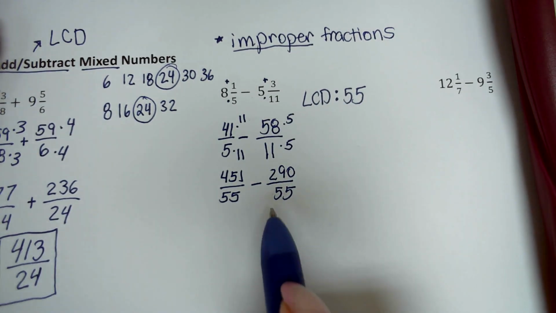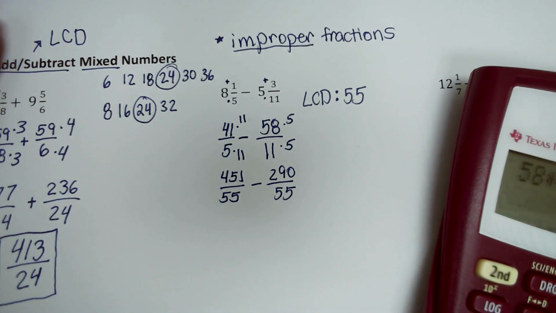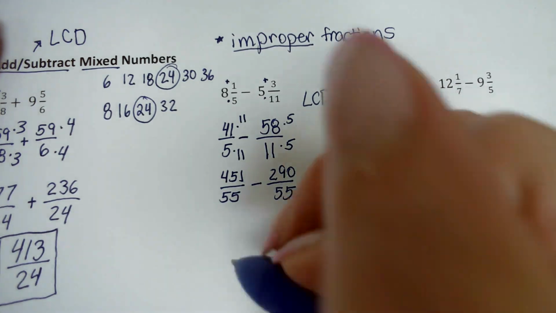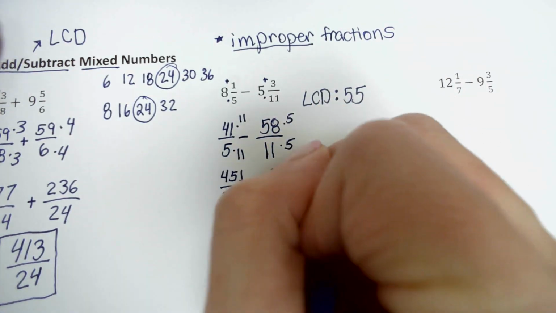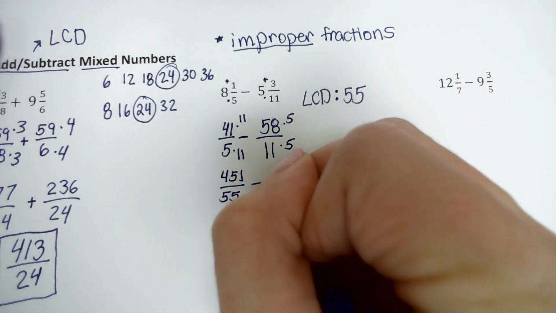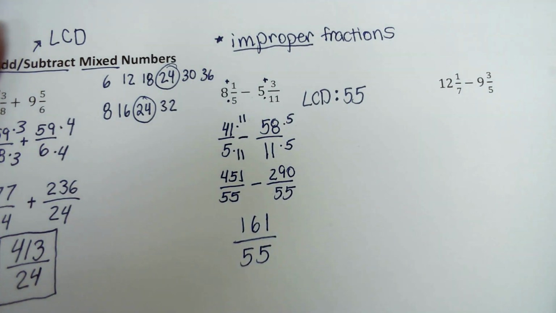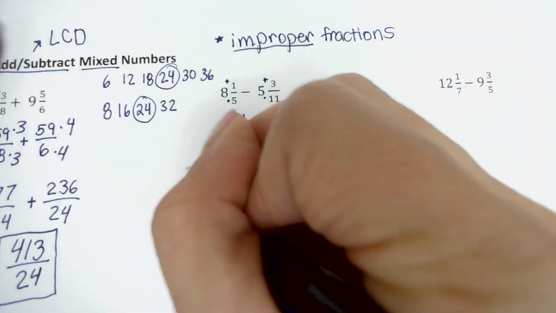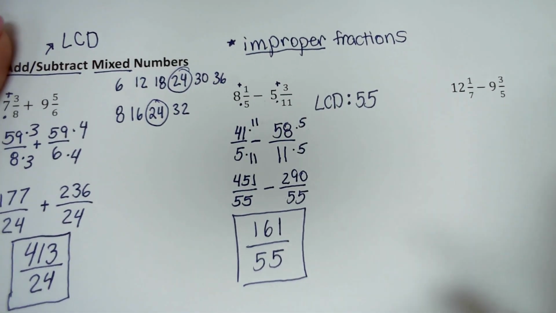Now we have common denominators, so now we can subtract 451 minus 290, and we get 161 over 55. And that would be our final answer.